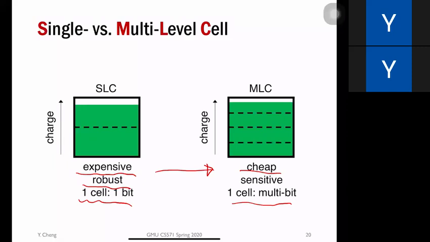It's more prone to error because it has to maintain 3 different levels and 4 different states. The chances of getting an error are much higher compared to the case on the left-hand side, which is the single-level cell. Okay, so these are the trade-offs between these 2 different techniques. And both of these are used in flash solid-state drive devices.